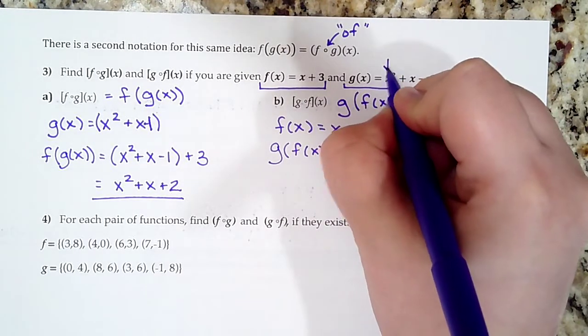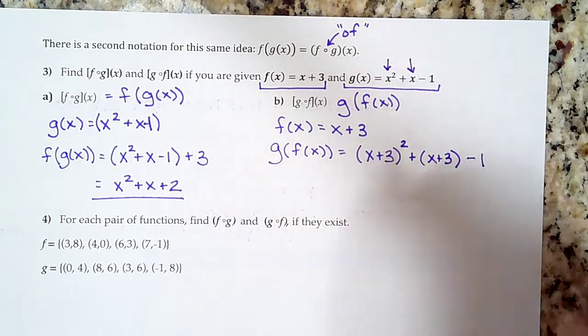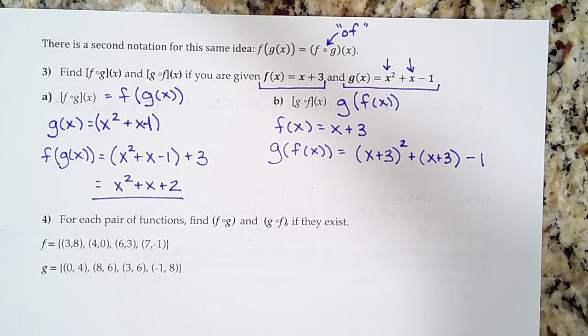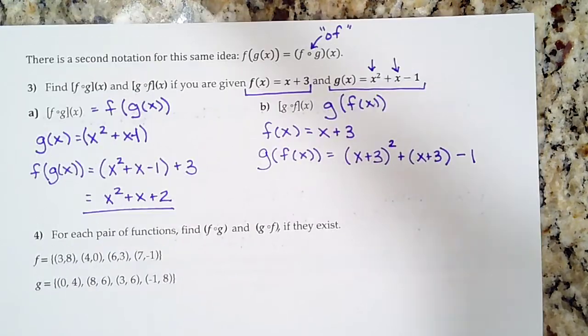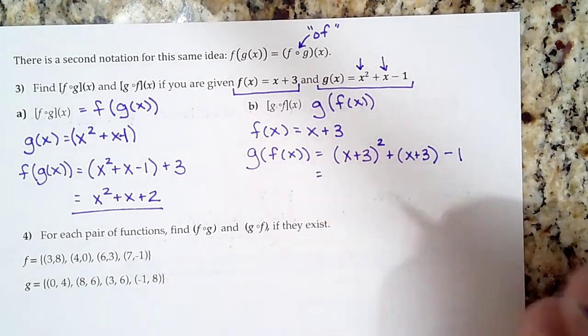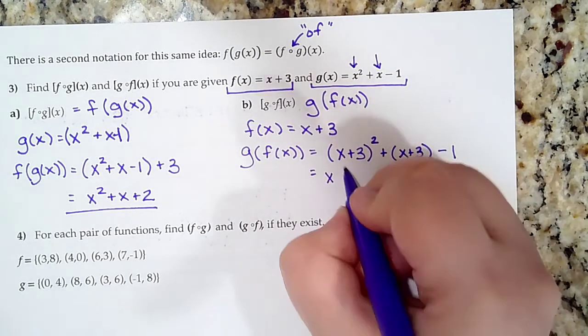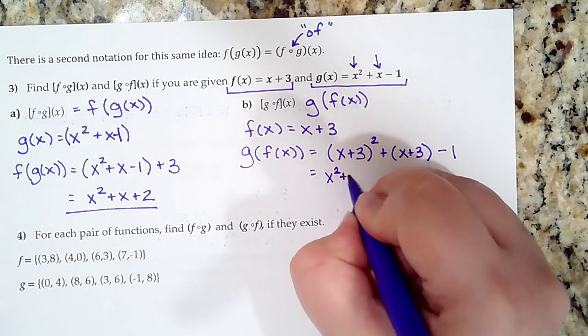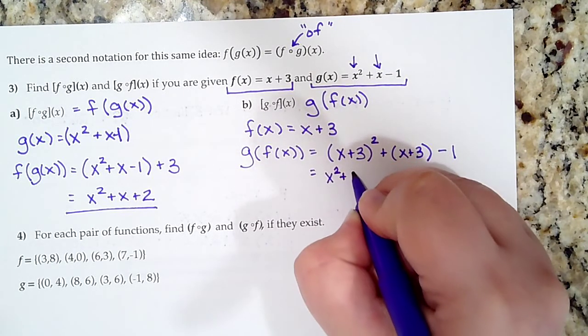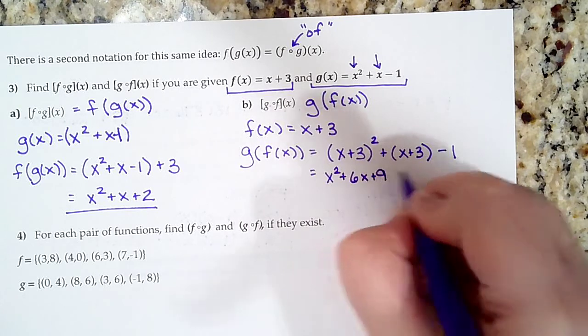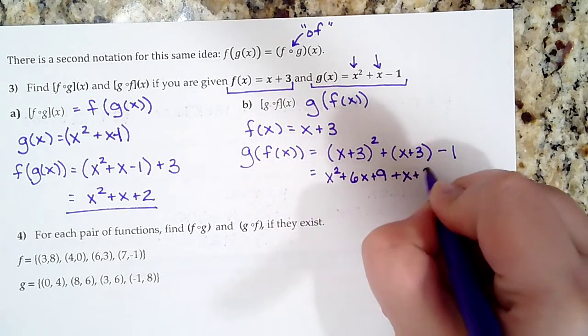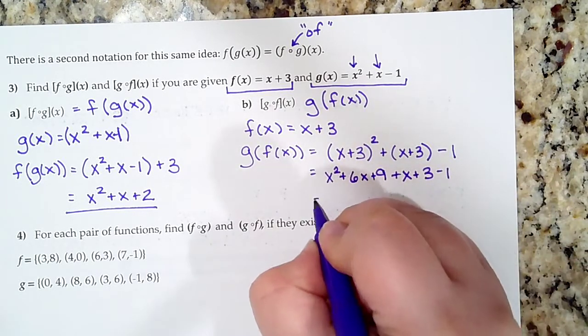All I did was replace each of these x's with x plus 3. And then, of course, I have to simplify. This is going to be the time-consuming part, but it's not usually too challenging. So x squared plus 6x plus 9 plus x plus 3 minus 1.